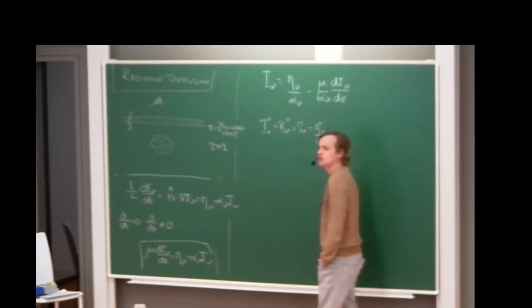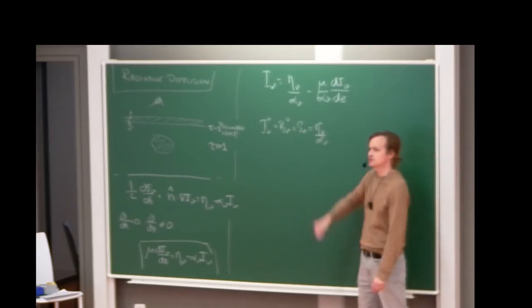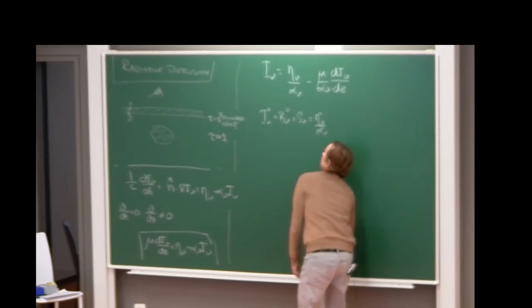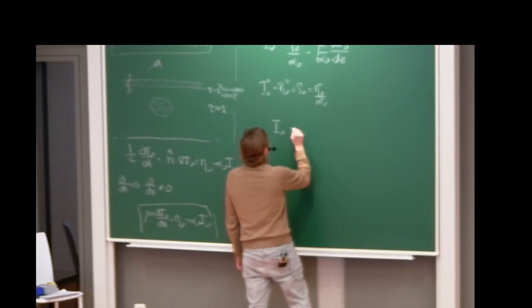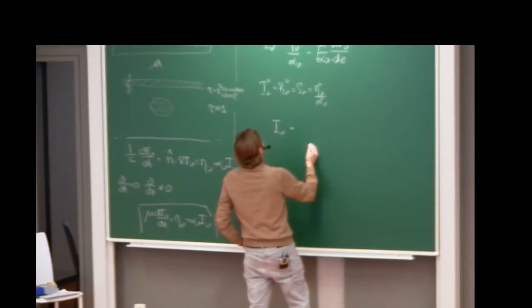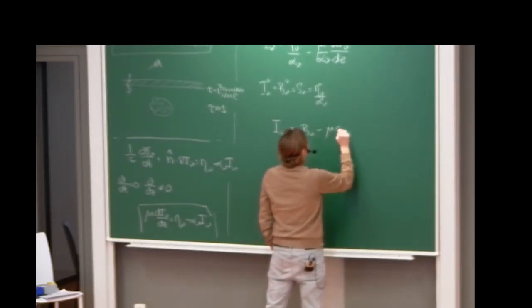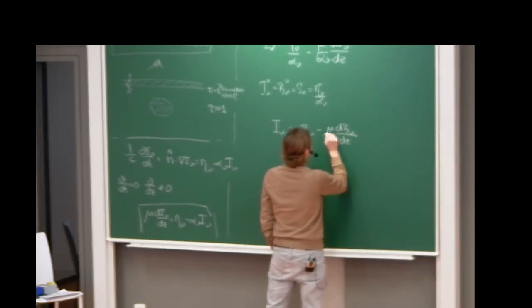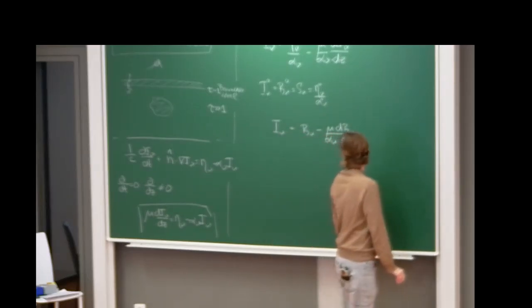To obtain a first order approximation, we just insert that on the right-hand side to get the first linear approximation, which is just B nu minus mu dB nu d tau divided by alpha nu.